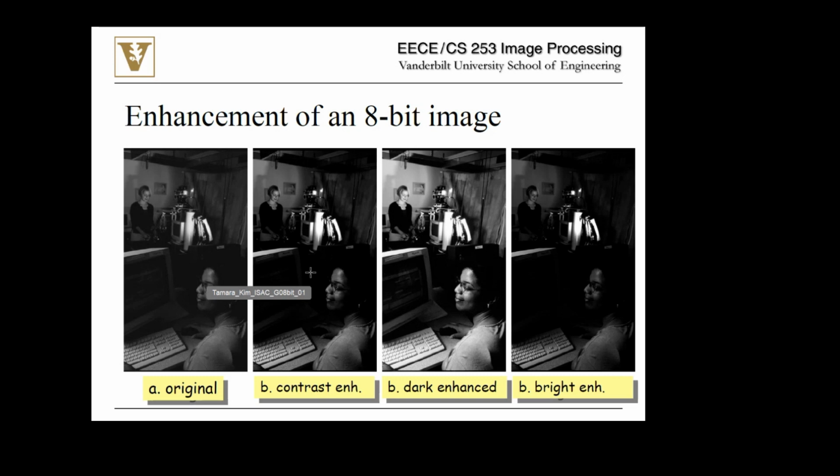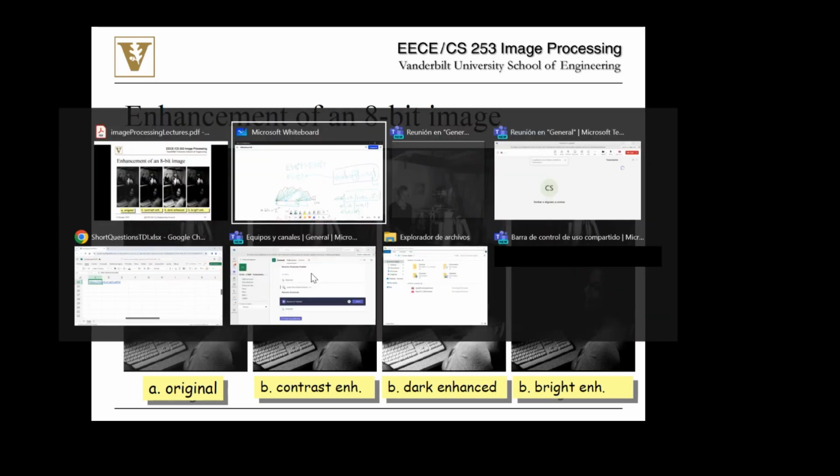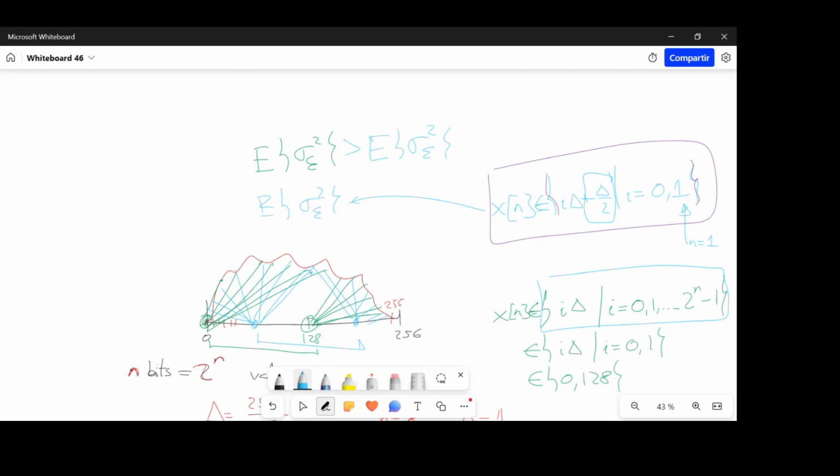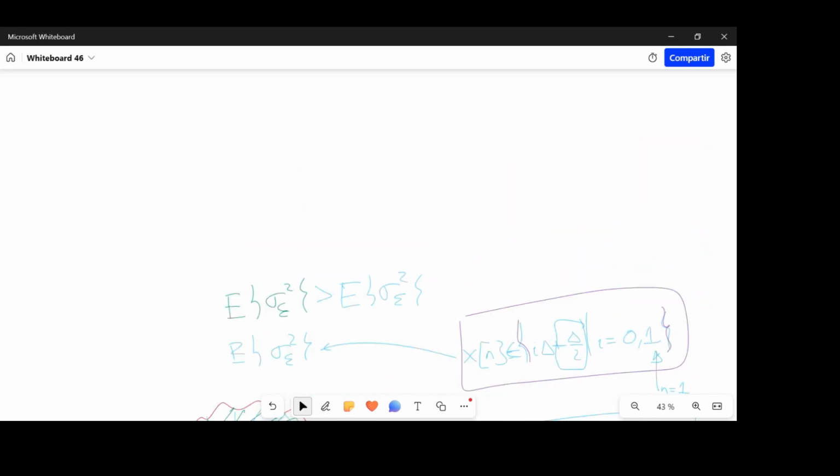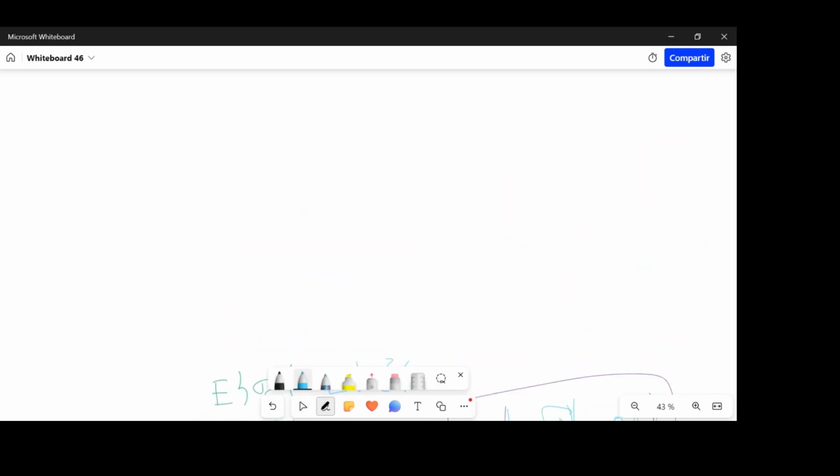So, for instance, I have the original image between 0 and 255. And now I can say, okay, I will divide this into parts.